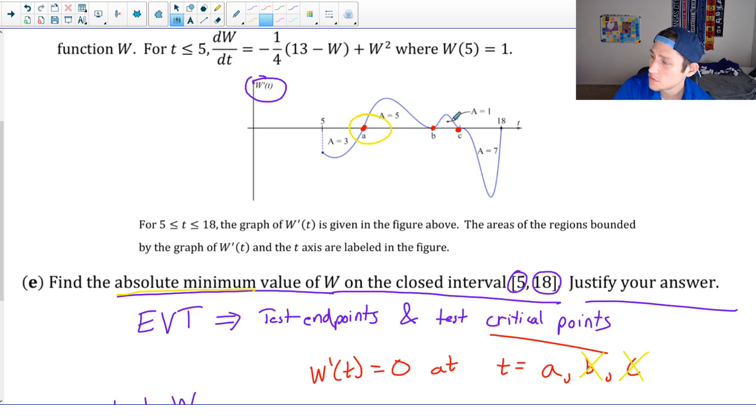And same thing for C, but for decreasing. It's a positive first derivative, so the function's increasing and then decreasing. That means C is where there would be some kind of maximum, either a local max or an absolute max. So I actually don't even need to test B and C. We have logically eliminated them as options.